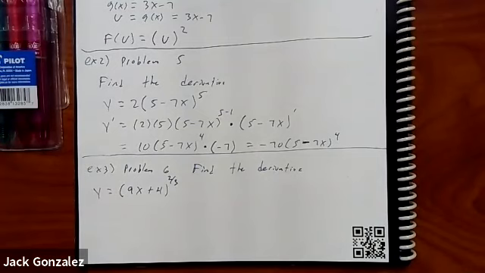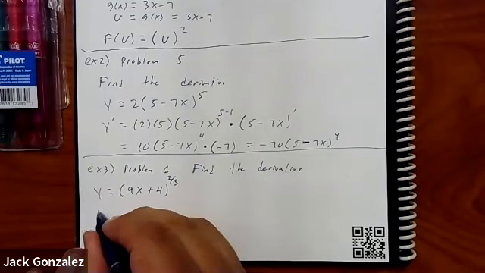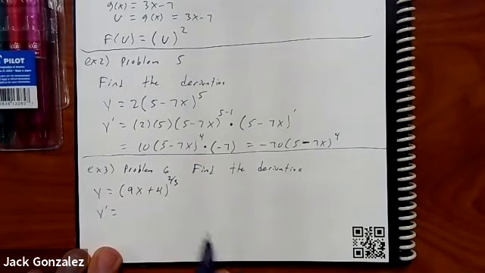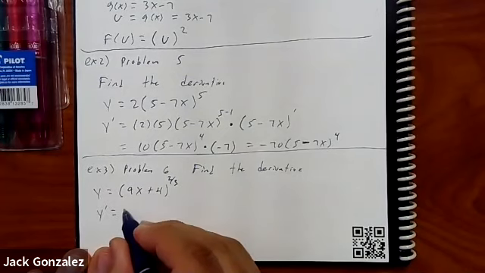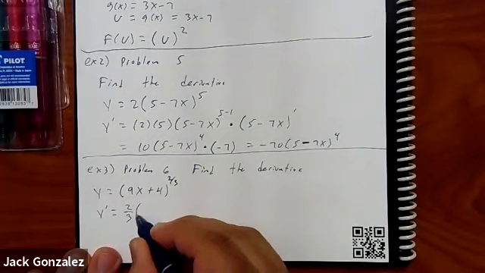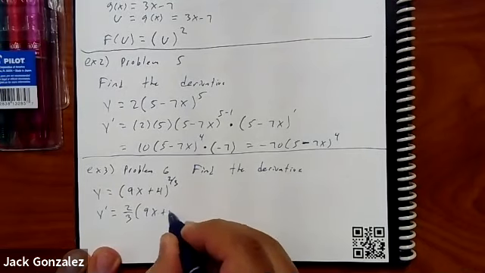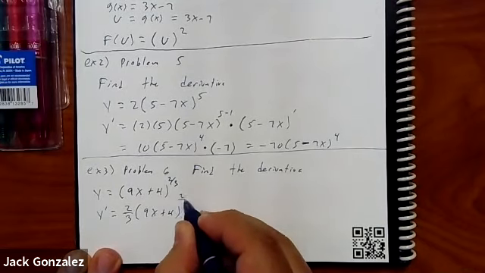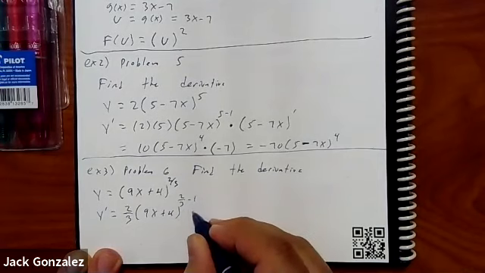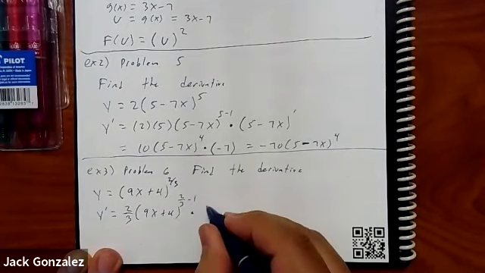So the derivative, right? We do the outside first. So you bring down the 2/3. You don't mess with the inside. Subtract 1, times the derivative of the inside.